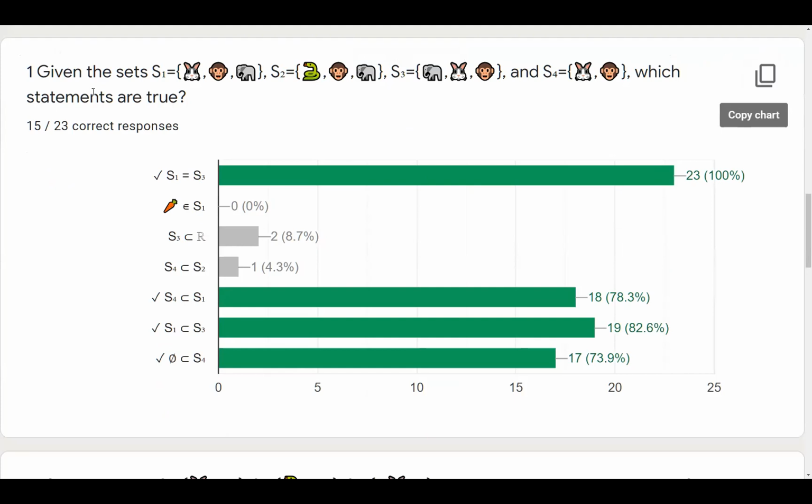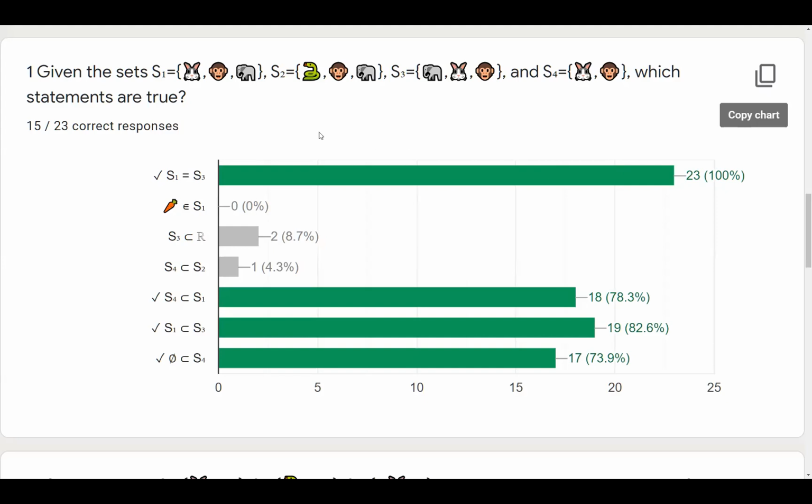Okay, so given the sets S1 = {rabbit, monkey, elephant}, S2 = {snake, monkey, elephant}, S3 = {elephant, rabbit, monkey}, and S4 = {rabbit, monkey}, which statements are true? S1 equals S3. Everybody said that was true.